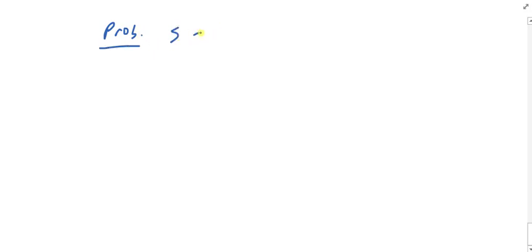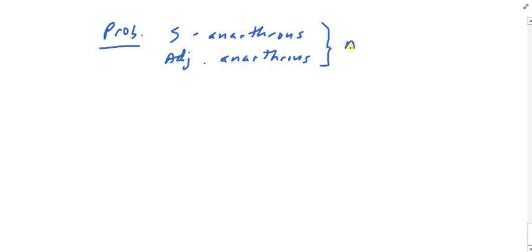If the subject is anarthrous, and if the adjective is anarthrous, then guess what? All bets are off, okay? It is formally, not formerly, ambiguous. That is to say, it could be a predicate or an attributive adjective, okay?